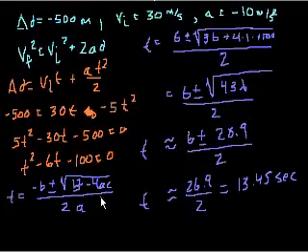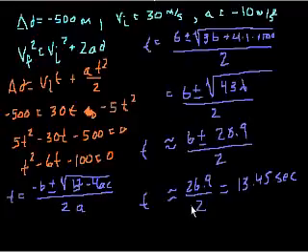In that problem, I gave you the time. I said it took 10 seconds to hit the ground, and we worked backwards to figure out that the cliff was 500 meters high. So if you're at the top of a 500-meter cliff or building and you drop something that has very little air resistance, like a penny, it would take 10 seconds to reach the ground, assuming all of our assumptions about gravity.